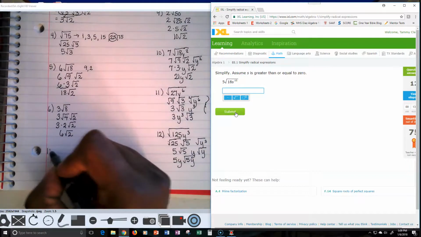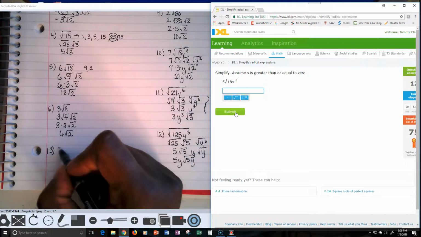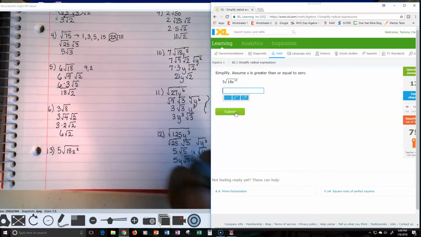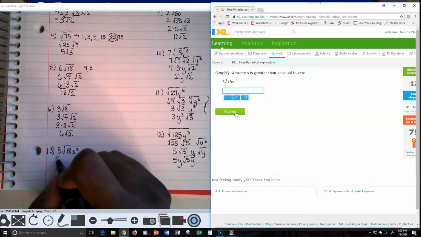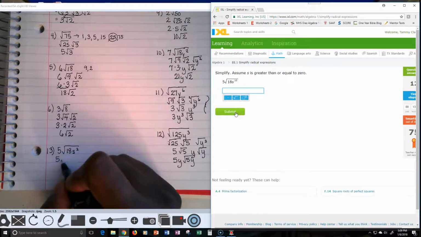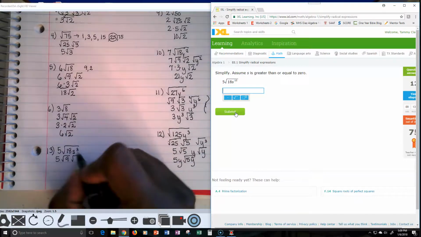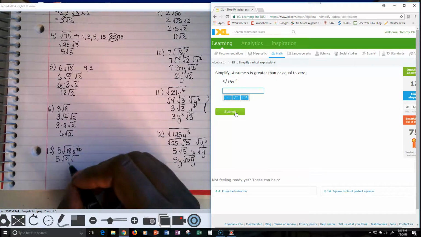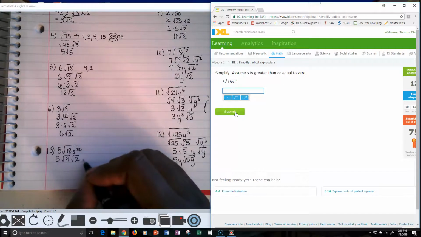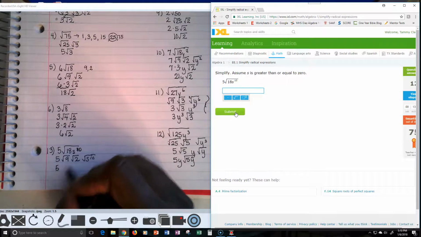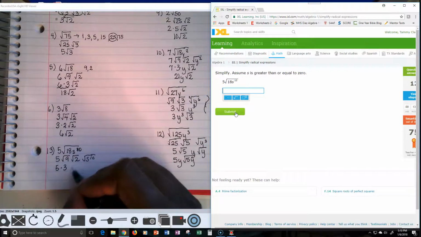So I'm going to put number 13 down here. And we've got 5 times the square root of 18s to the 10th. Okay, so I'm taking the square root. So I've got 5, and I know that 18 is the square root of 9 times the square root of 2, times the square root of s to the 10th power. So 5 stays. The square root of 9 is 3, so I'm going to multiply that.